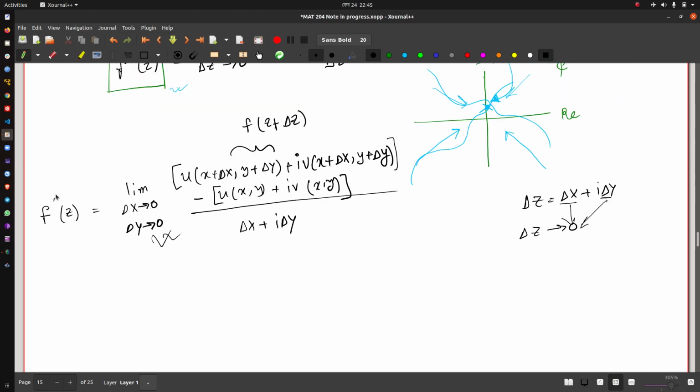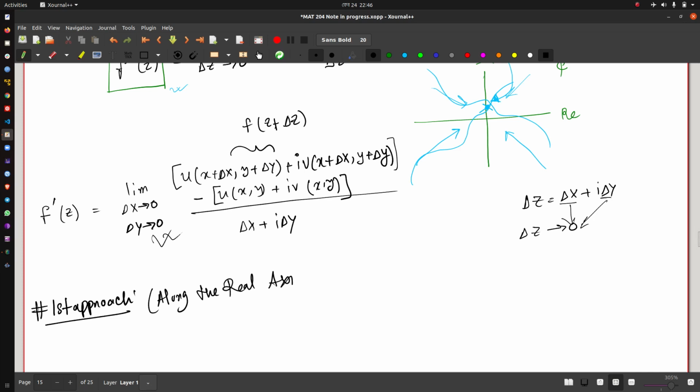Now we want to carry out this calculation using two different directions, and then equate them. Let's say our first approach is along the real axis. That means delta y is always equal to 0, because you are moving on the real axis itself.